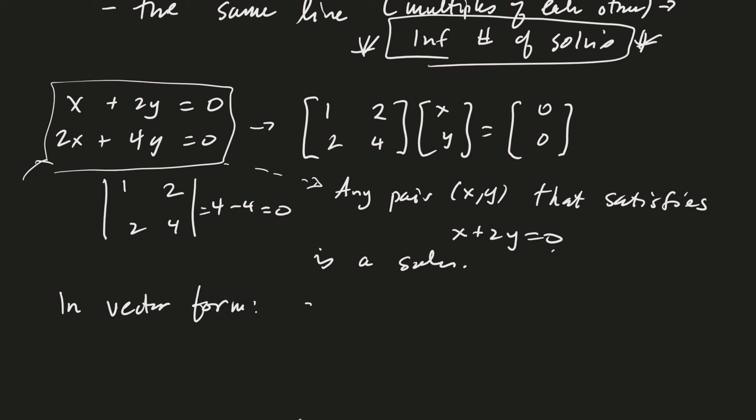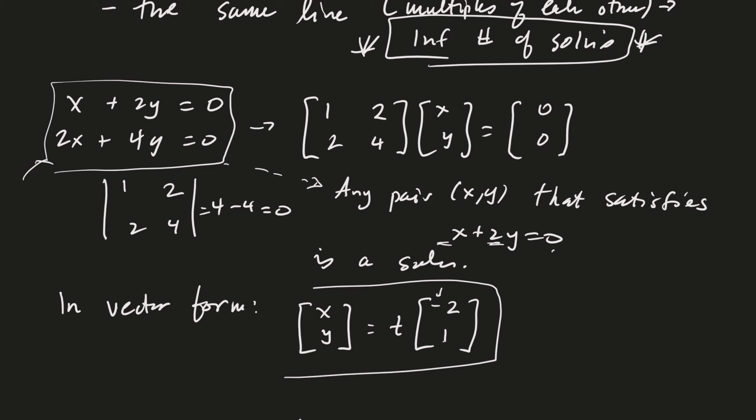Well, notice that if you put in x, y any multiple, now I'm going to do a little trick and just swap these numbers and write minus 2, 1. I'm going to negate the top and just switch them. So I've swapped the numbers and negated one of them. Any vector of this form will work, right?